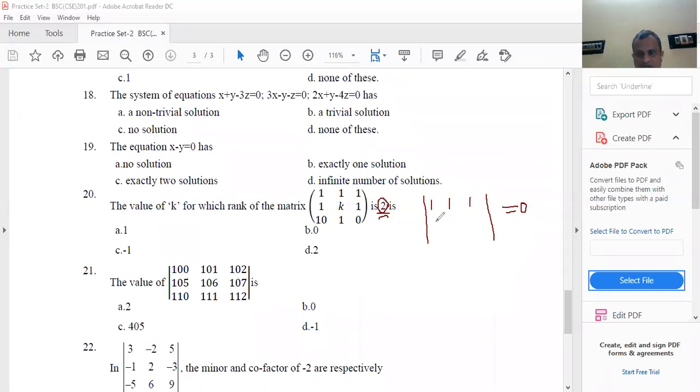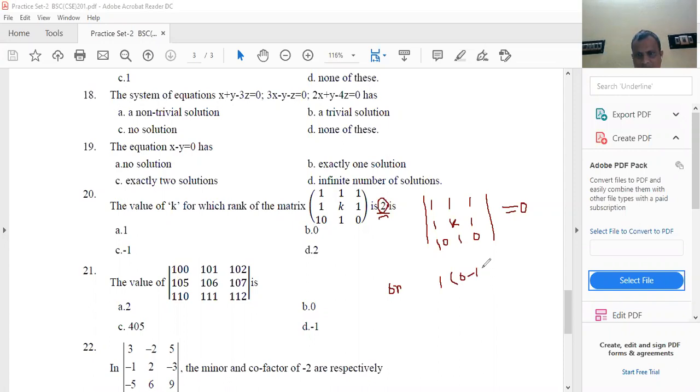So this one is 1, A, and 1, 10, 1, 0. You can easily find the value of k from this equation: 1 into k minus 0, that is 0, minus 1.